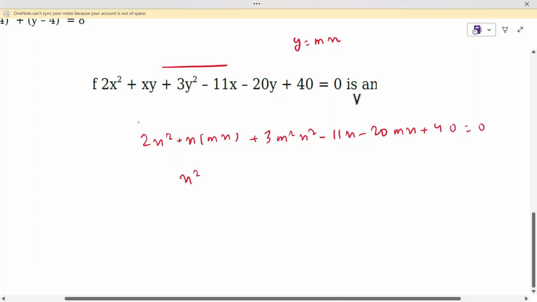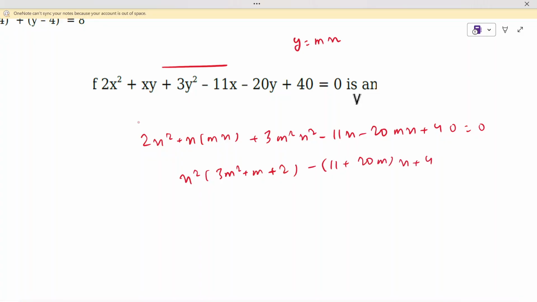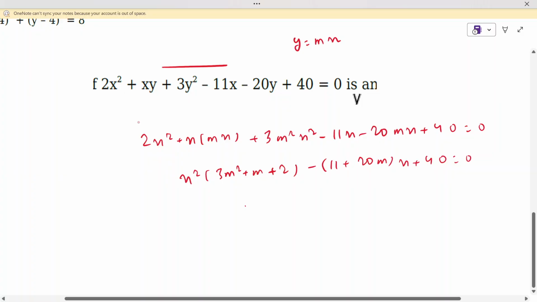So I am getting x square into (3m square plus m plus 2) minus (11 plus 20m) into x plus 40 equal to 0. So d should be 0.